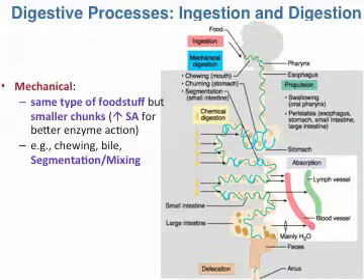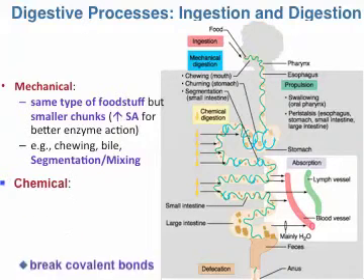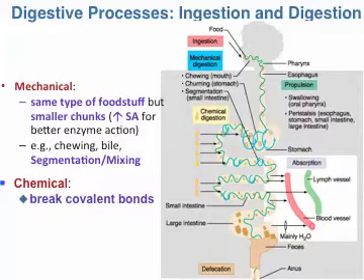So when you chew, when you do mechanical digestion, you're increasing the surface area. When you do that, then the enzymes can actually get to the molecules of the food that you ingested and begin the process of chemical digestion. So when you do chemical digestion, you're actually breaking covalent bonds between the molecules.